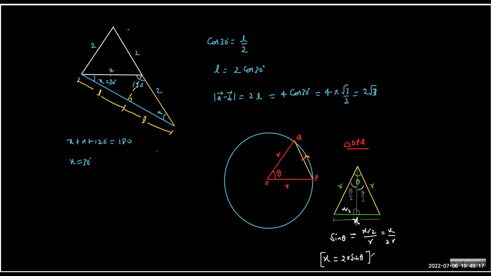Okay. But if we would have to solve this question in terms of vectors, we have the OP vector, we have the OQ vector, and we have the PQ vector. What are we trying to find? PQ vector, right? Now, what is the triangle law for these three vectors?